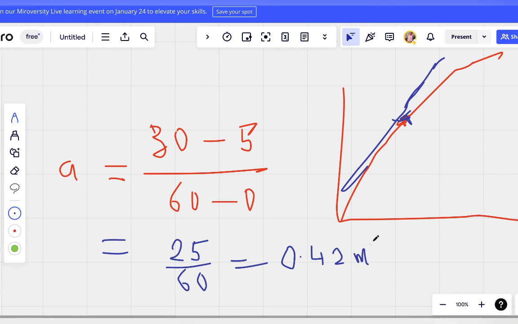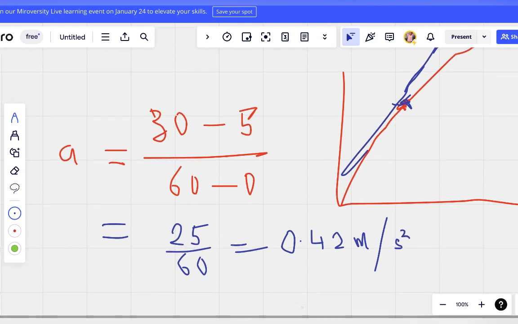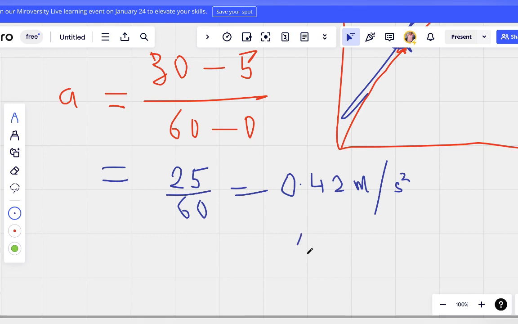The unit is meter per second square, because it's acceleration. The range of the answer should be from 0.3 all the way to 0.45. Anyone who gets 0.3 all the way to 0.45 meter per second square will be considered correct.